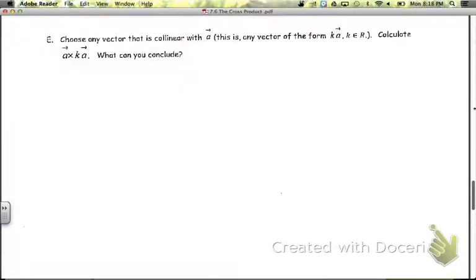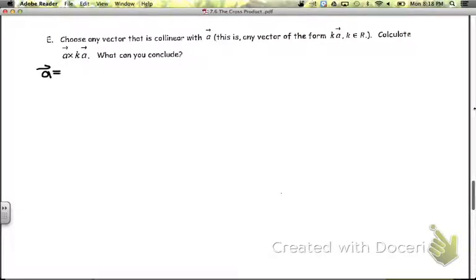So now in part E here, you want to choose any vector that is collinear with A. That is, any vector of the form of our scalar k times our vector A, where k is an element of the real numbers, and calculate our cross product between A and kA. And what can we conclude here?